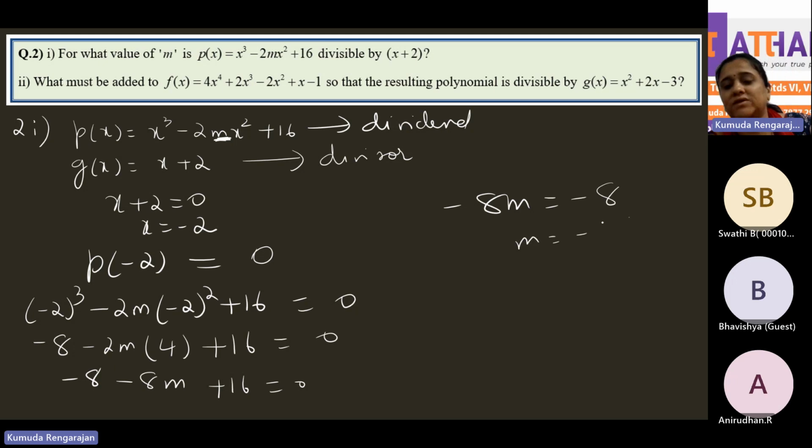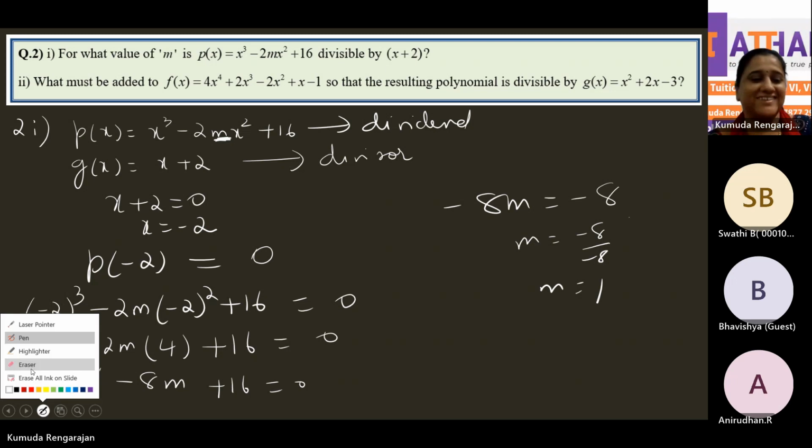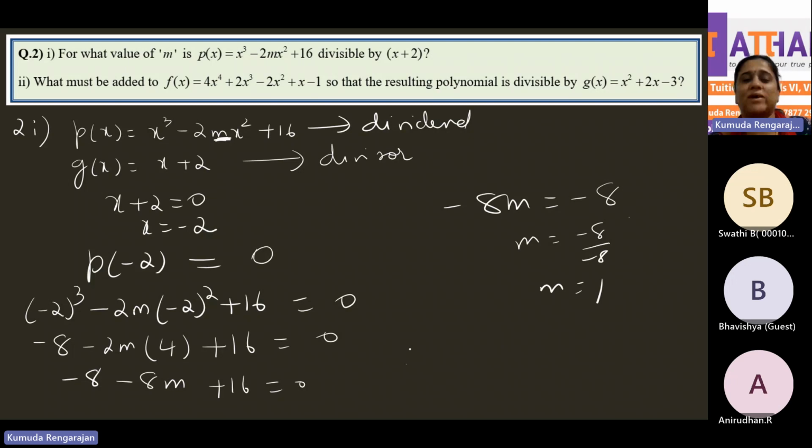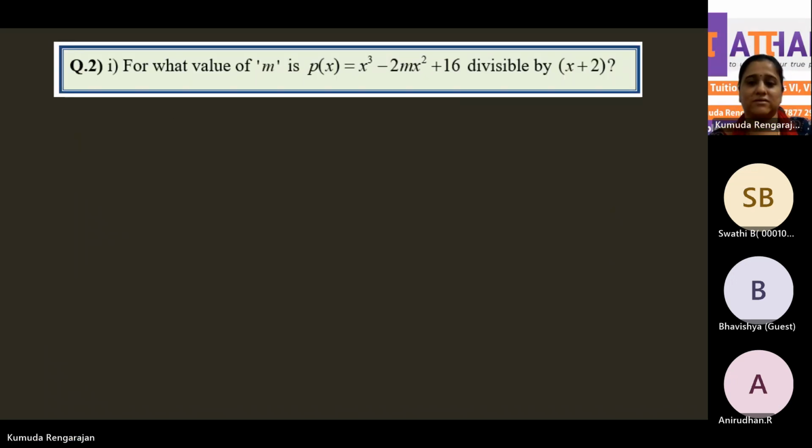So m is equal to minus 8 by minus 8. m is equal to 1. For this only, the value of m is 1. So when m is 1, this condition will be true. That is, P of x will be divisible by g of x.